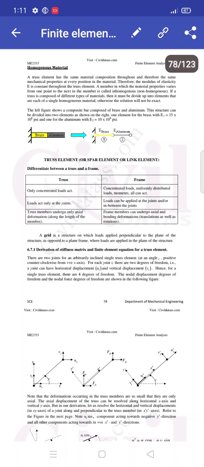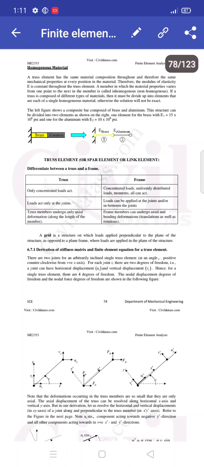Truss members undergo only axial deformation along the length of the member. Frame members can undergo axial and bending deformation, translations as well as rotations.